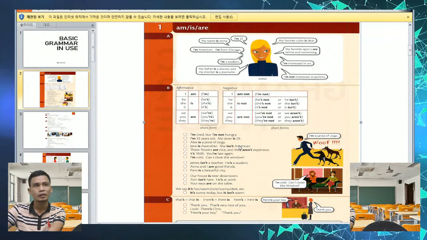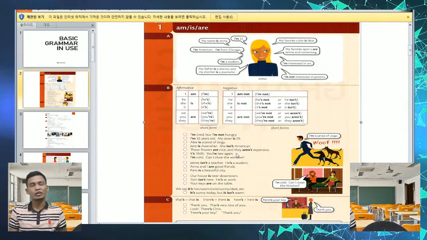Next we have my sister is 29, because the subject is only one, so the appropriate word to use there is is. Next we have Alex is scared of dogs. Here we are using is because we only have one subject, Alex. Next we have Jane is Australian.